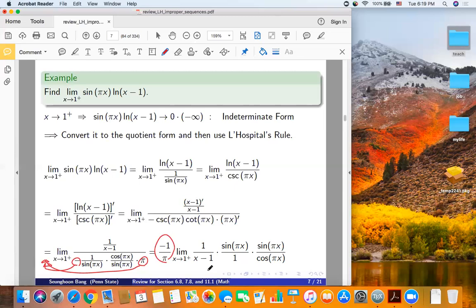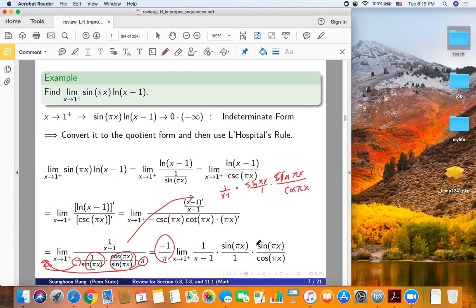The next, you can change this one like this. This part is the numerator 1 over x minus 1 times the reciprocal of the denominator, sine pi x over cosine pi x.